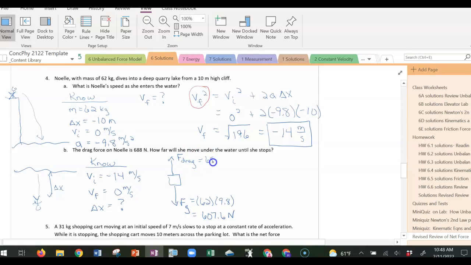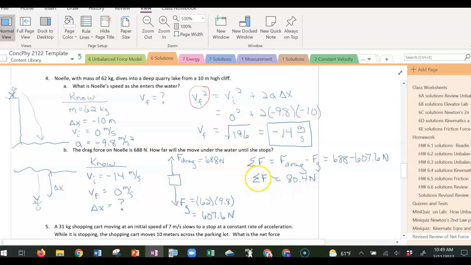And they're telling me that the drag force, this is the drag force on Noelle by the water, is 688 newtons. So I could use Newton, or I could find the net force and say it's going to be the drag minus the gravitational force. So 688 minus that 607.6. The net force is going to be 80.4 newtons.